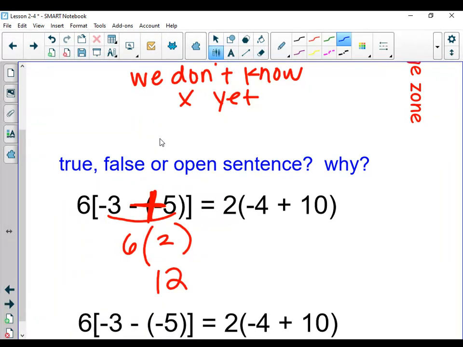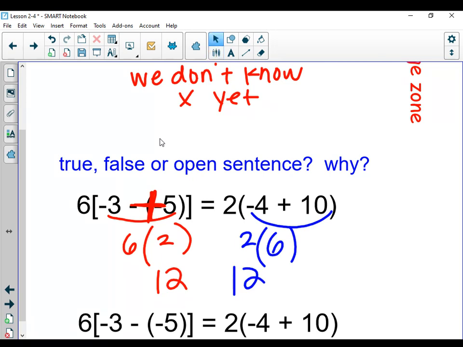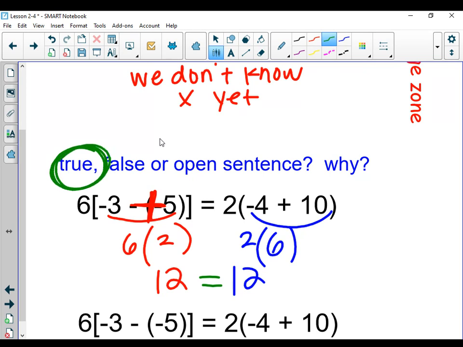On the right, I see a battle between positives and negatives. Negatives win by 6 times 2. True. Both sides balanced out nicely like that. We found a true equation. Now, if one side would have been 13 instead of 12, that would be false.